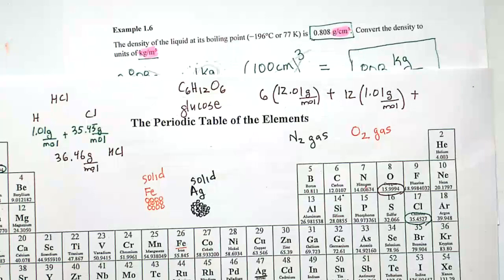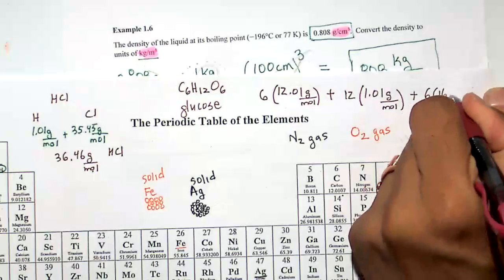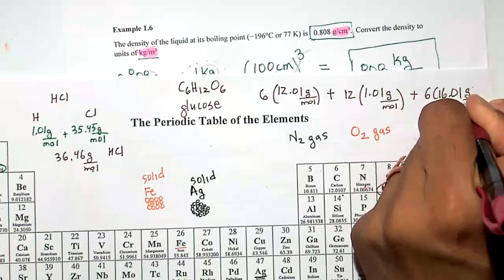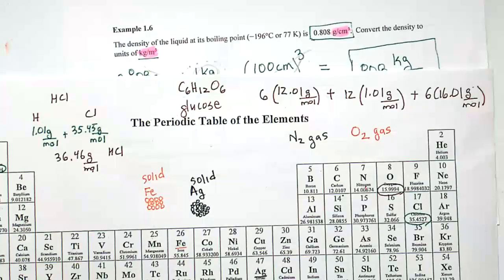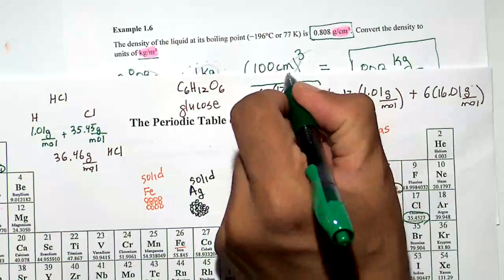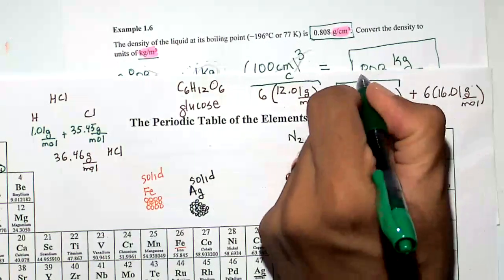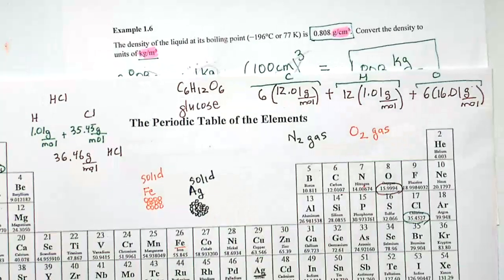It's perfectly fine. But if I don't have my periodic table, or if I'm in a hurry, or if I'm in the middle of an exam, okay, it's okay to go with 16.01. It's okay. So this would be for carbon, this would be for hydrogen, and this would be for oxygen.